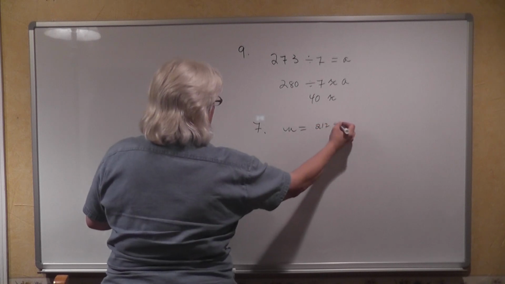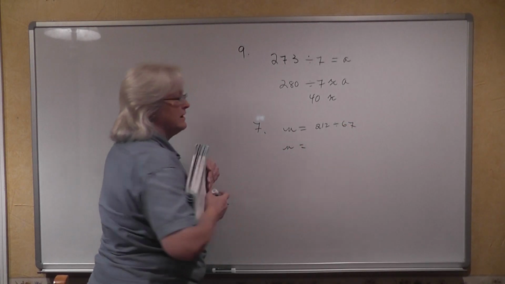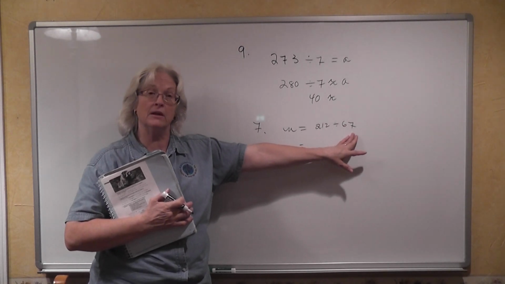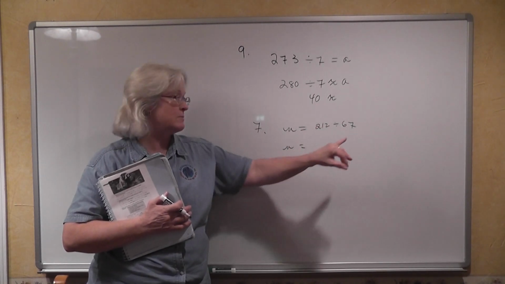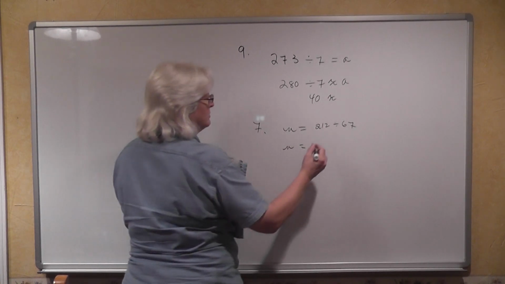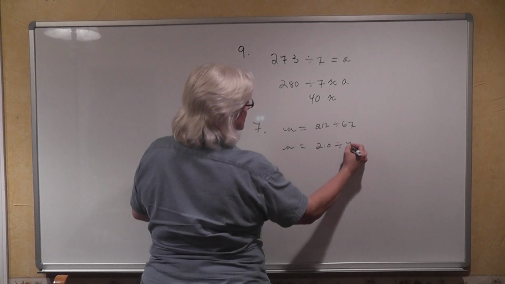212 divided by 67. And here I'm thinking that I'm going to go ahead and round the 67 to 70, because 3 times 7 is 21. So I'm going to round 212 to 210.